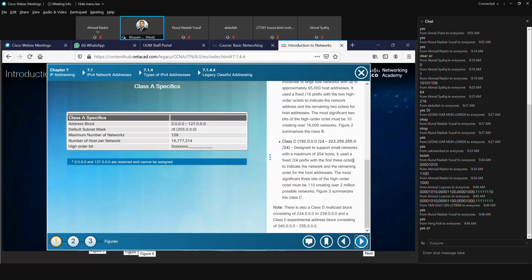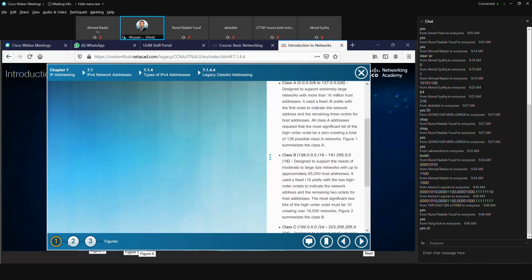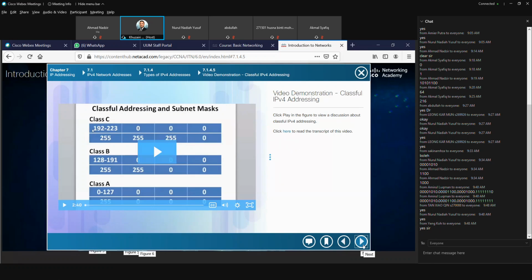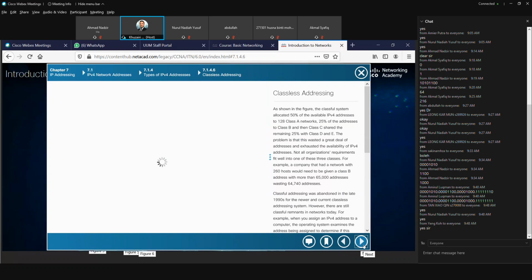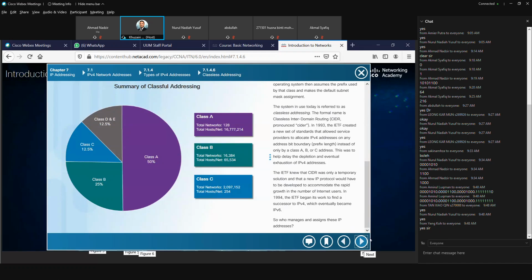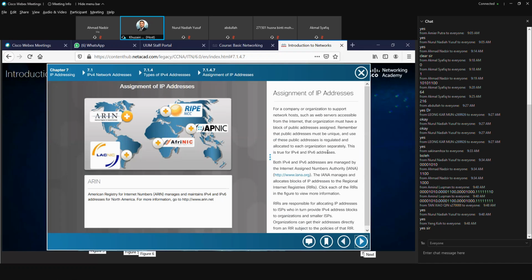So now we use classless IP addressing. This one you read by yourself. Who gives you the IP address? These are the organizations that give you IP addresses: RIRs such as ARIN.